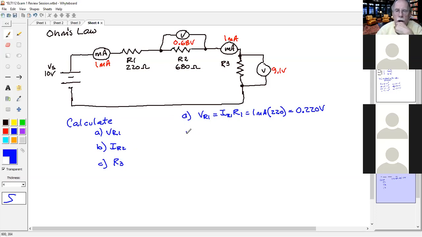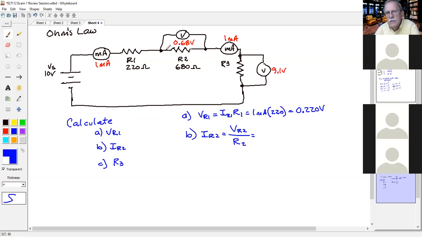If I wanted to find I sub R2, we know that Ohm's law says I is equal to V over R, but we have to make sure that we use the voltage across R2 and the value of R2. The biggest mistake that people make is they always use 10 volts, and that's not the case.